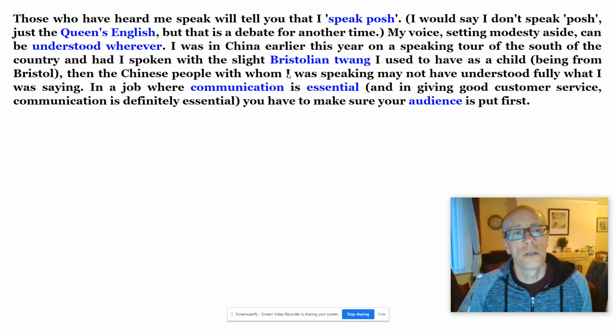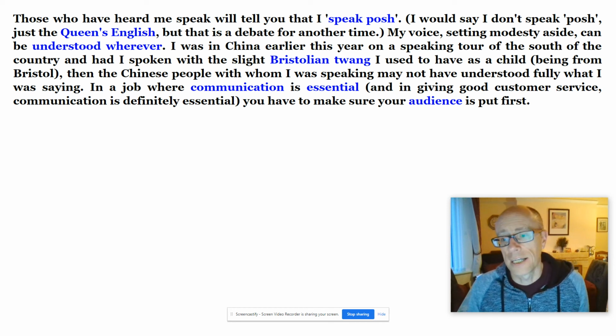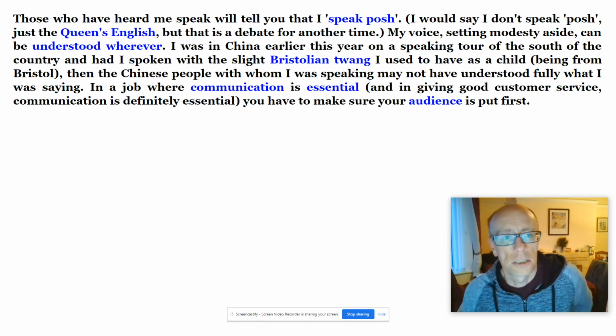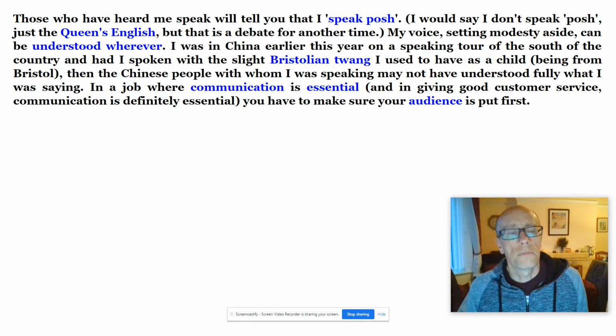So rather than using a term like linguists would use, like received pronunciation, he uses the noun phrase Queen's English, which of course has quite high status because of the associations between royalty and hierarchical power. So he makes it plain that the language that he uses is high status, it's a standard English form, and therefore he is likely to be understood wherever he goes.